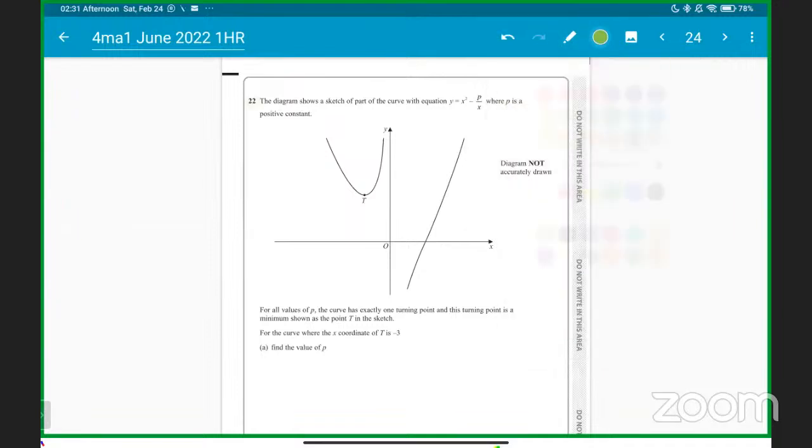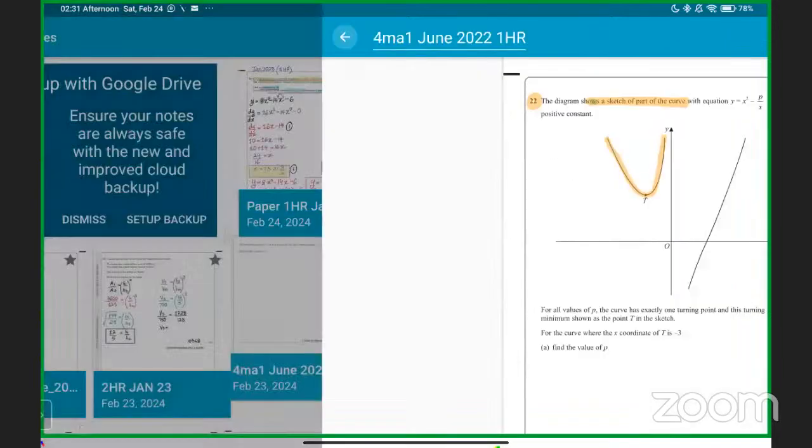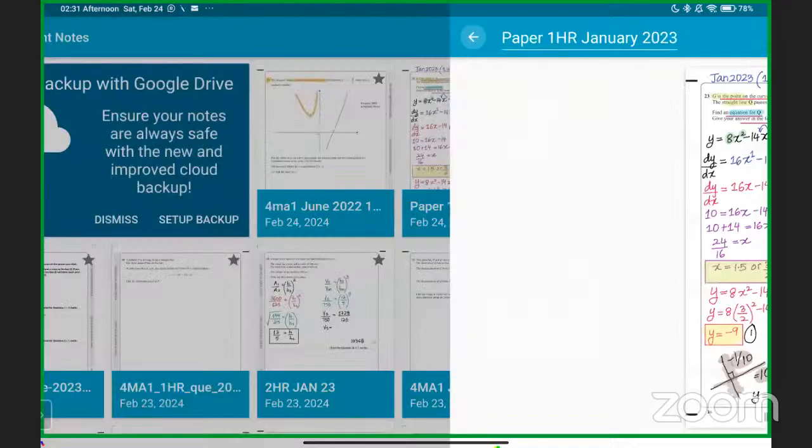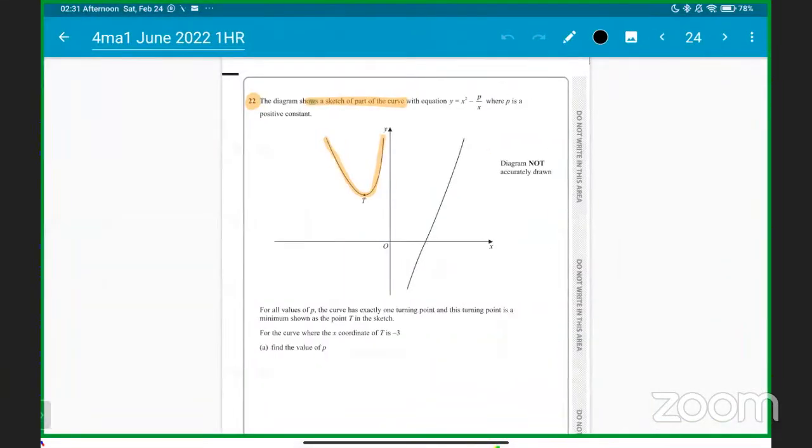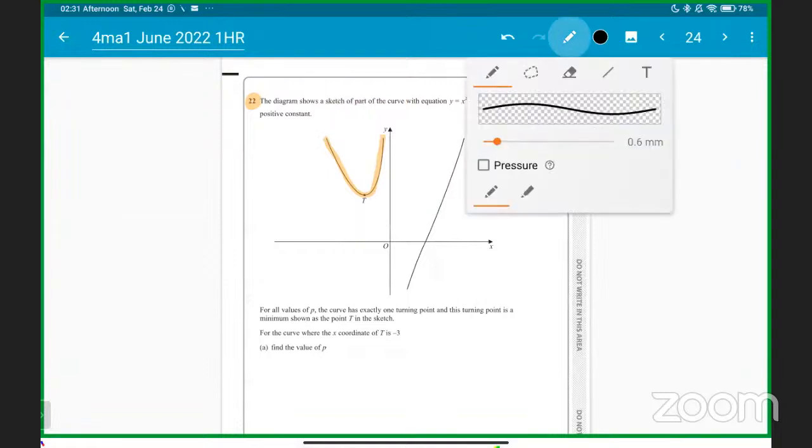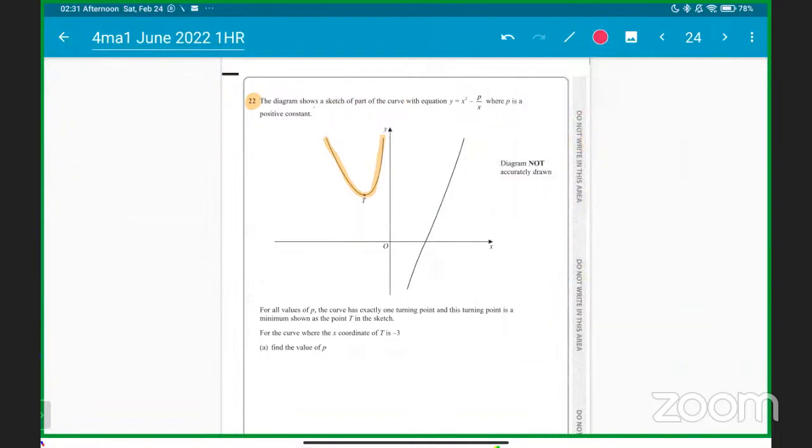The diagram shows a sketch, and the diagram will help you understand these questions better. The diagram shows a sketch of part of the curve with the equation y equals x squared minus p over x, where p is a positive constant.